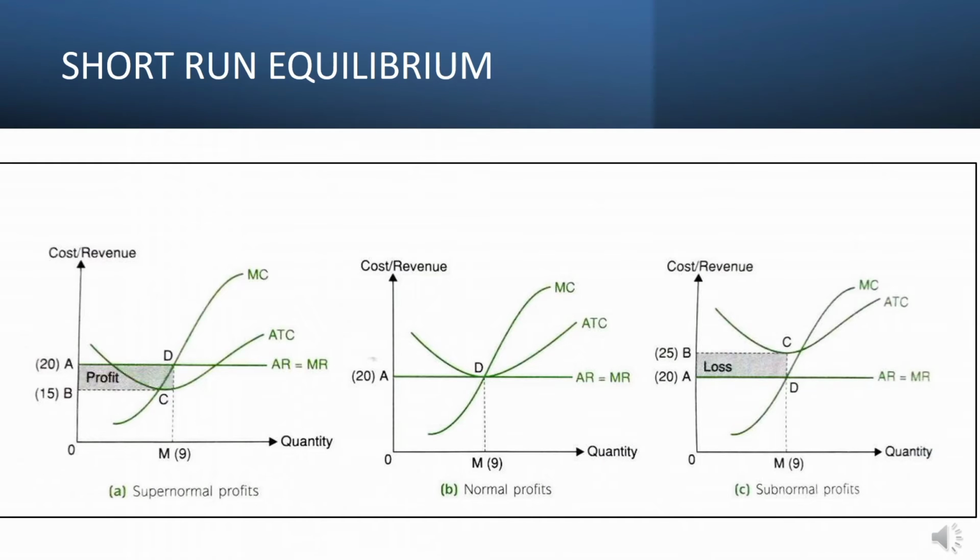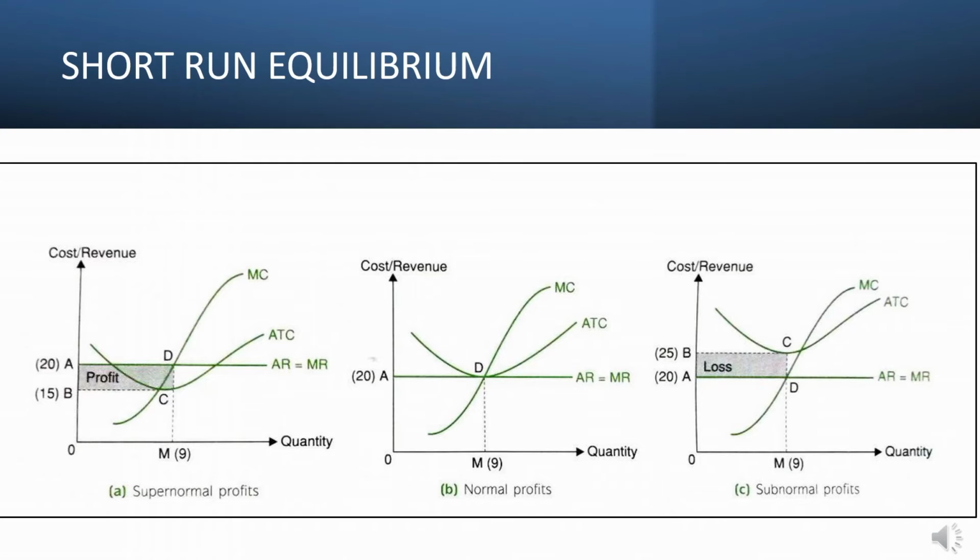Okay, let's talk about the short-run equilibrium of a firm under perfect competition. In a perfectly competitive market, in the short run, a graph can display three possible scenarios: supernormal profits, normal profits, and subnormal profits.